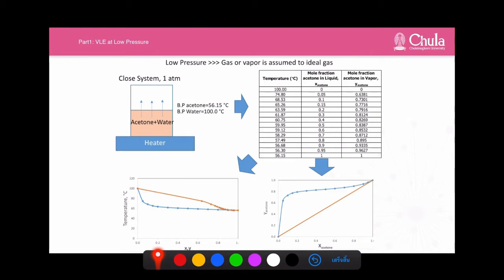We call it the operation line, where x equals y. But our equilibrium follows this blue line. For any mixture, we can perform an experiment and present data in the form of a table or in the form of a graph like this.